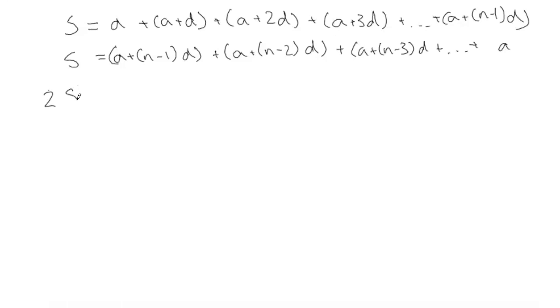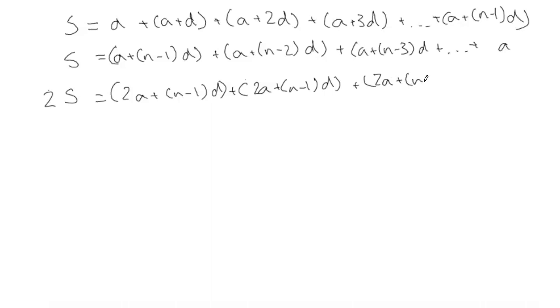We get 2S equals 2A plus (N minus 1)D plus 2A plus (N minus 1)D plus 2A plus (N minus 1)D plus all the way to 2A plus (N minus 1)D.